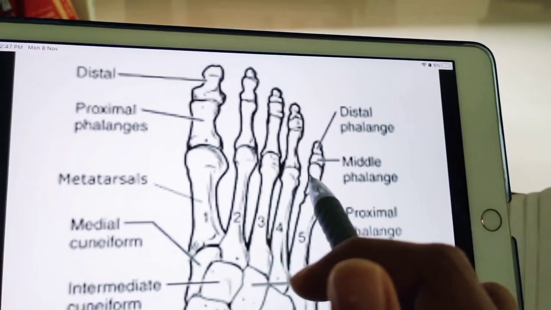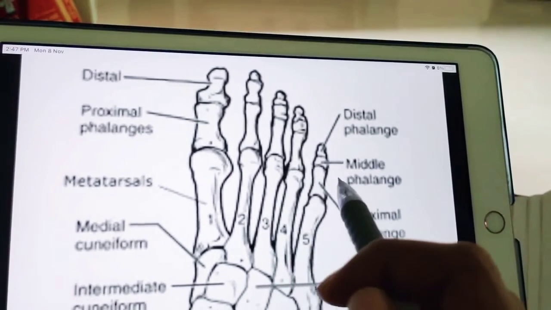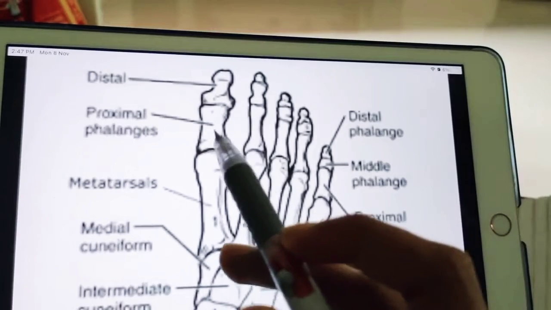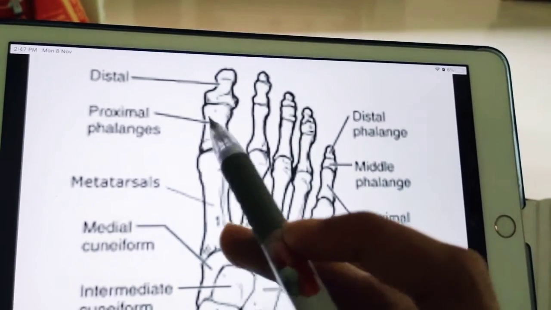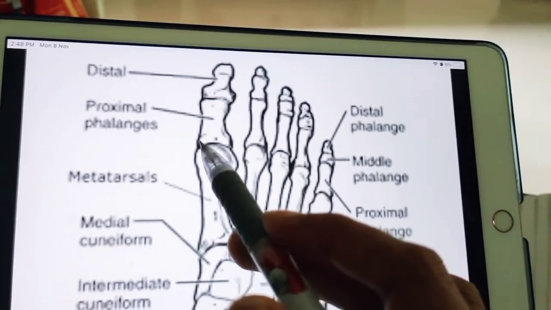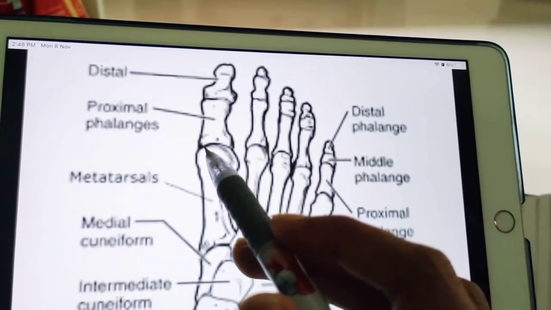And on the extensor or dorsal side, you have extensor expansion. Coming to the great toe, on the plantar side you have flexor hallucis longus, on the dorsal surface you have extensor hallucis longus.